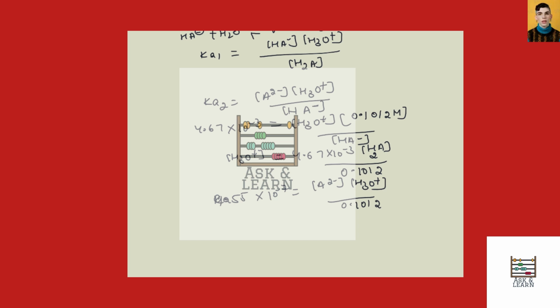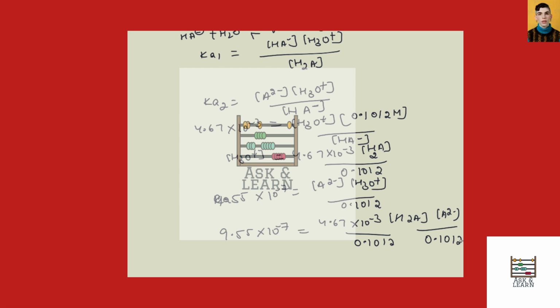Now substituting the value of H3O positive in this second one, we get 9.55 into 10 raised to power minus 7 equals 4.67 into 10 raised to power minus 3 into H2A upon 0.1012, into A2 negative upon 0.1012.